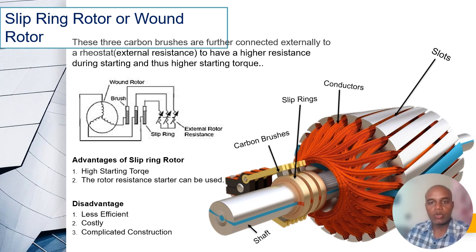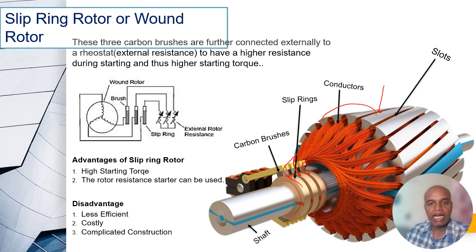So in the case of the slip ring induction motor, we have the rotor bars, and in between the rotor slots we have the windings placed, three-phase winding. All these three-phase windings are connected through the slip rings. As my rotor rotates, my slip ring also rotates along with it because it is mounted on the shaft.